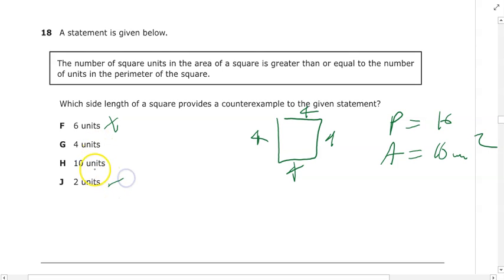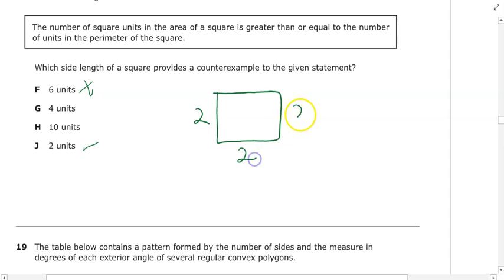Let's try this one now, because perimeter will be 40, area will be 100. The area 100 is definitely more than 40. Let's try this one here and see what we get. 2, 2, 2, 2. Perimeter equals 8, but area equals 4.